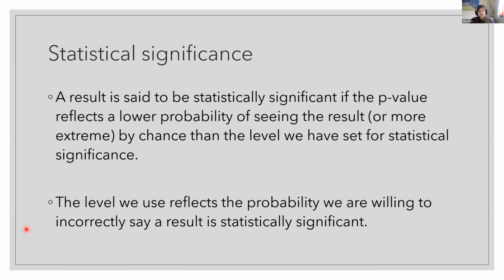So at 5%, we are saying, well, we're going to say something is statistically significant if there's less than a 5% chance of seeing that result, or more extreme, if the null hypothesis is actually true. So we're allowing ourselves to be to that level of being incorrect.